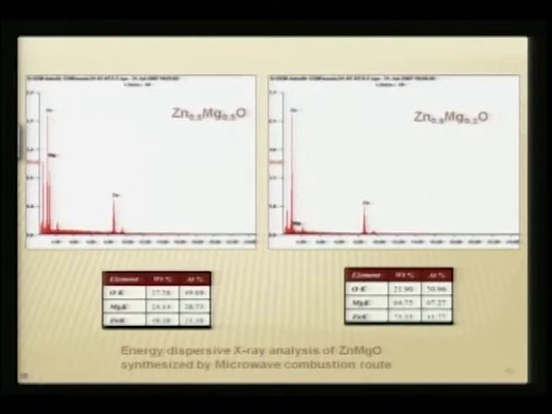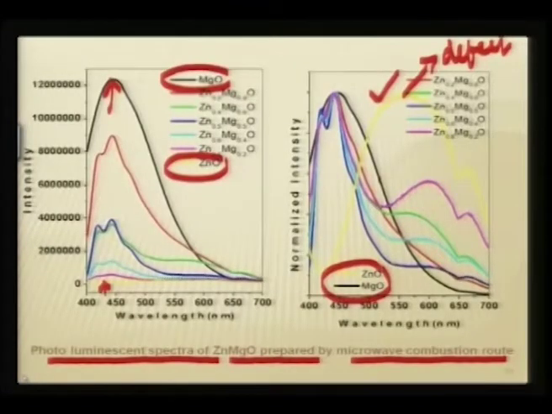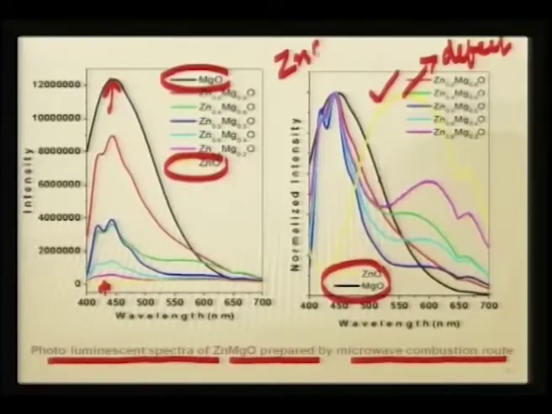So, in microwave we are able to achieve a larger doping of magnesium into the zinc oxide lattice, but we are completely missing out on the oxygen concentration, and this defect is mainly coming from the oxygen defect.